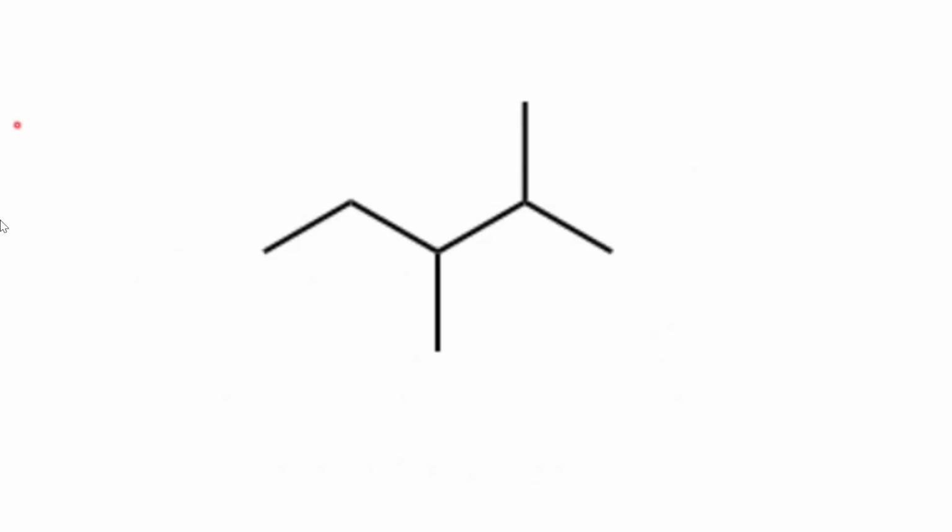Let's do this here. We need to identify the backbone, the main hydrocarbon chain. So we have a branch here and we have a branch here. If we start numbering from here, 1, 2, 4, but we still have continuous carbon, either this or that, 5. This is one way to number.